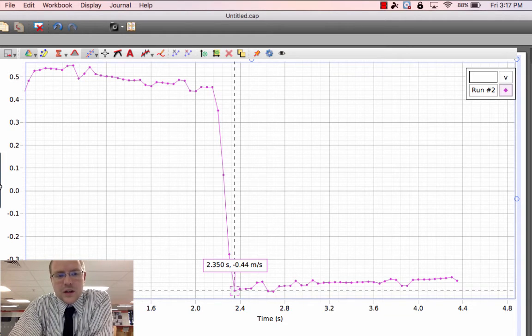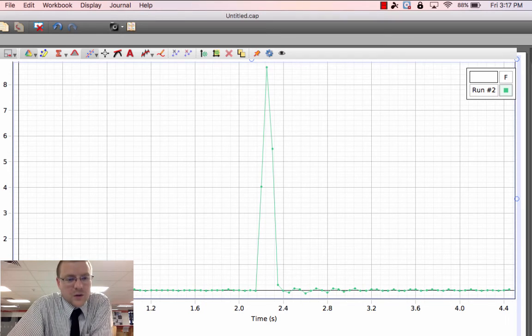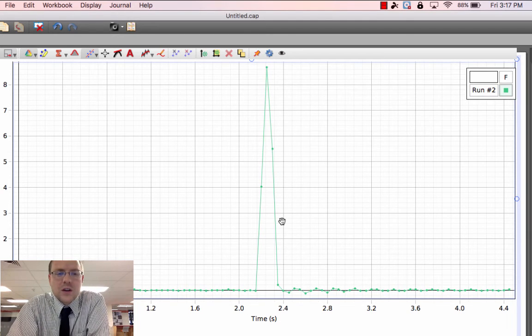Let's analyze the force graph. Here's the force graph for that moment. You can see there's no force during the first few seconds, and when we reach that moment of hitting the spring, the force spikes, the force grows as the spring is collapsed, and then the force starts to shrink as the force gets weaker on the spring as it pushes the cart away.